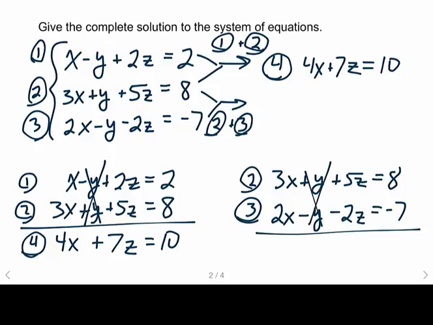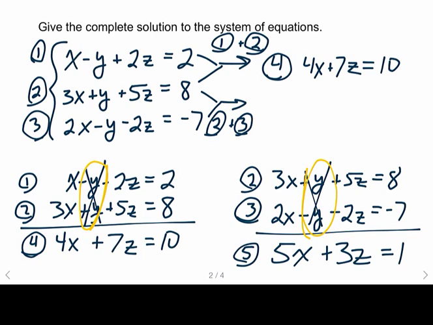Again eliminating the y's. It is essential that we eliminated the same variable twice, because now when I add these together and get 5x plus 3z is equal to 1, I'm calling that equation 5, and when I put that up here by equation 4, 5x plus 3z is equal to 1, now I have a 2 by 2 system. You see it's got the same two variables.